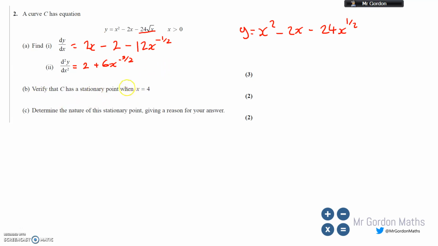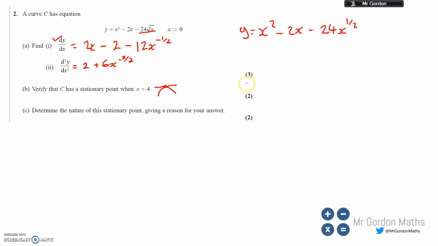Verify that C has a stationary point when x equals 4. Stationary point basically means we've got a gradient of 0. So we're going to potentially have this situation here where the gradient is 0 on the curve somewhere. So this is the gradient function, isn't it? dy by dx, this is our gradient function here. So we're going to use this one.